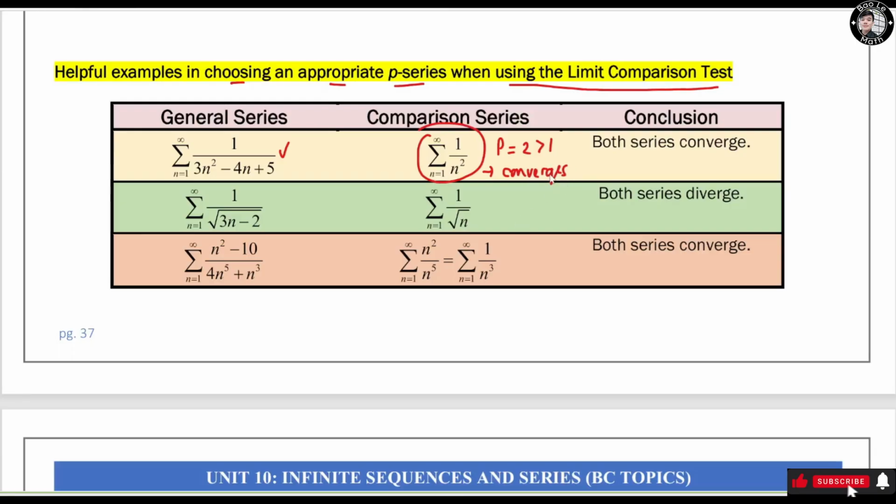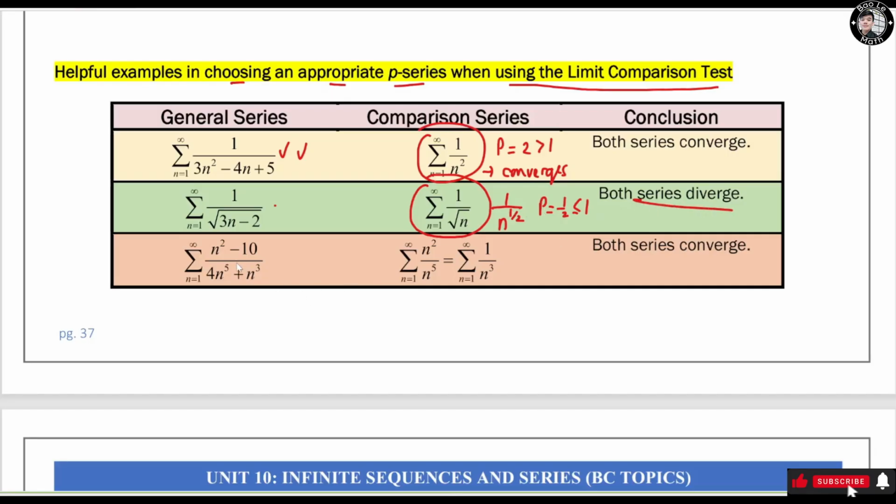So if this one converges, this one converges, right? Now for this one right here, we need to use this guy right here, right? And this turns out to be 1 over n to the power of 1/2. And this has p equals 1/2, less than or equal to 1, and this series diverges. So this one diverges, right?